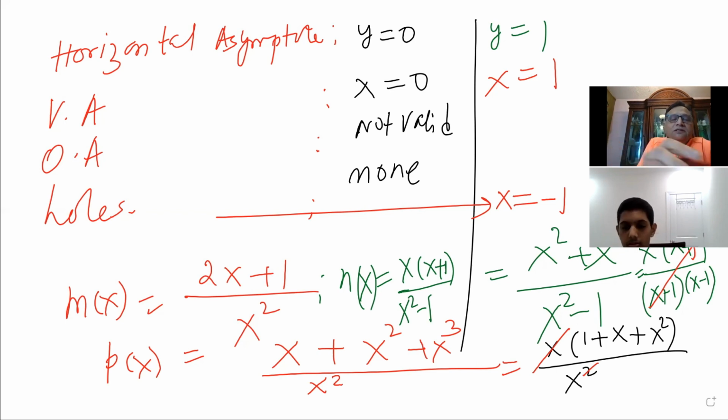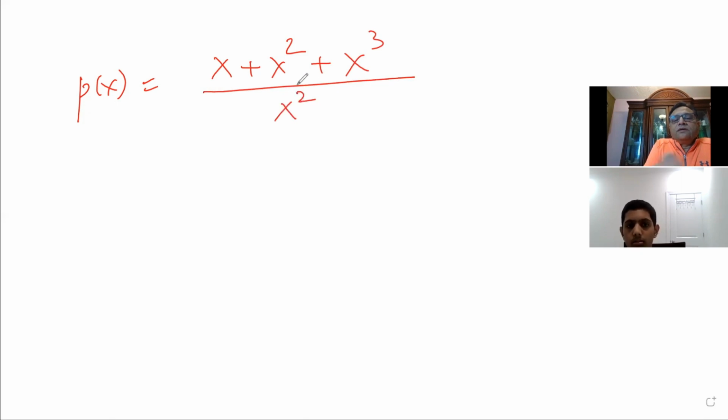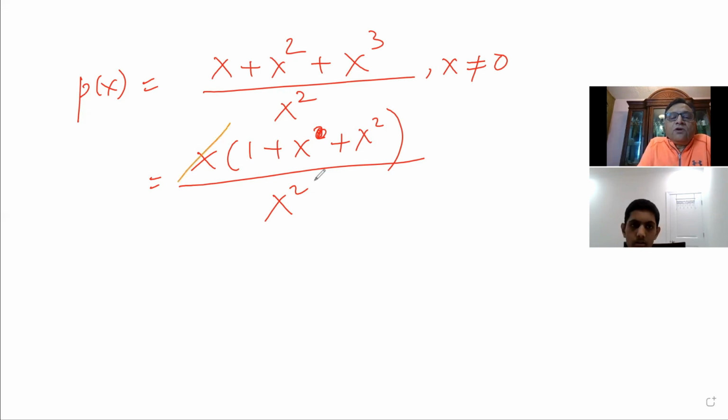Now, if you try to simplify, you can take x common: x times 1 plus x plus x squared, divided by x squared, correct? So the only restriction here is that x is not equal to 0. Once you cancel, we do have a common factor, but still the restriction is that x is not equal to 0, correct?